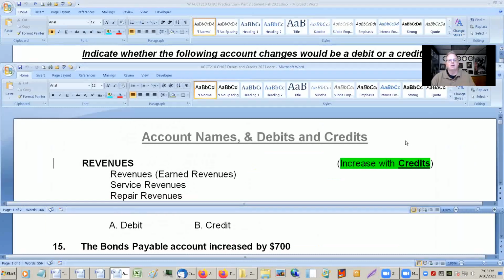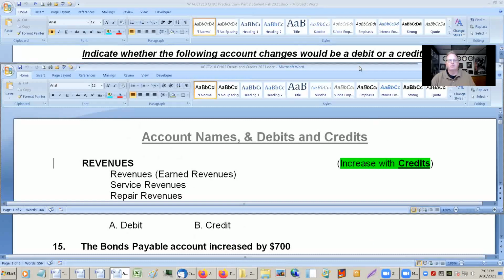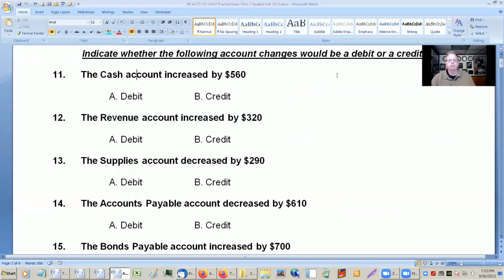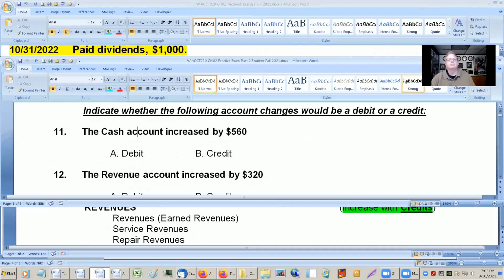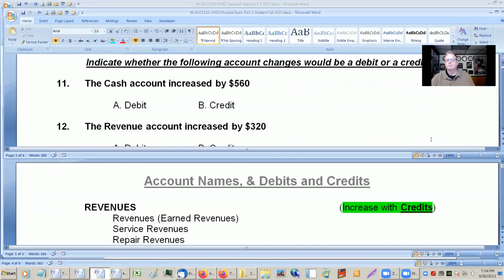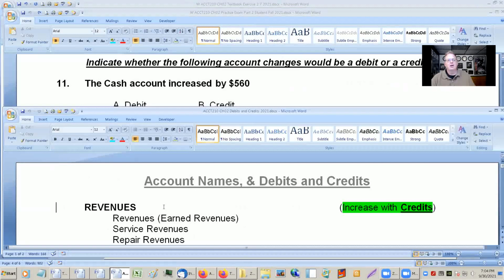Yeah. Well, like all the answers were credit. No. Most of them. Account increase is debit. Yes, for the first one. And then the second one is accounts payable, credit. Account decreased by 16.